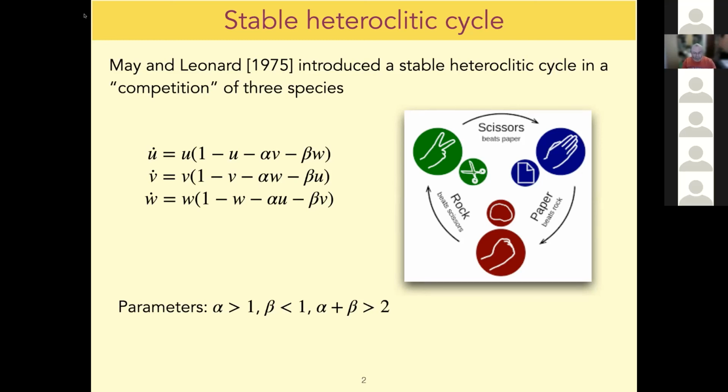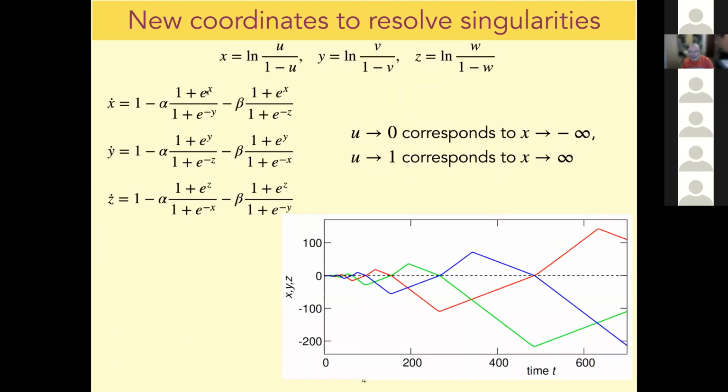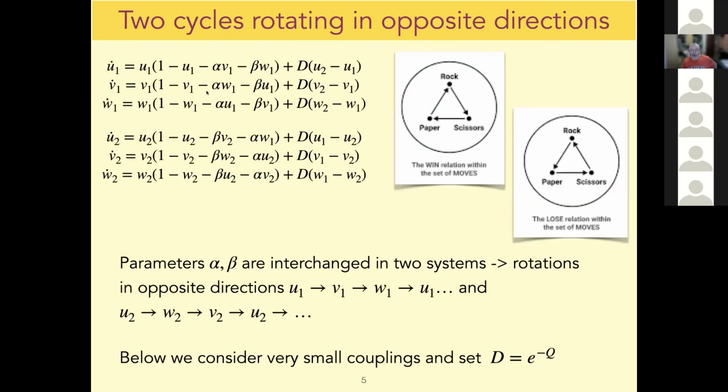Can I ask a question? Sure. You mentioned it goes for very small coupling, but the coupling you meant is diffusive. If you change the function, is it really robust? I never tried, but for my consideration it is important that these variables remain between 0 and 1.